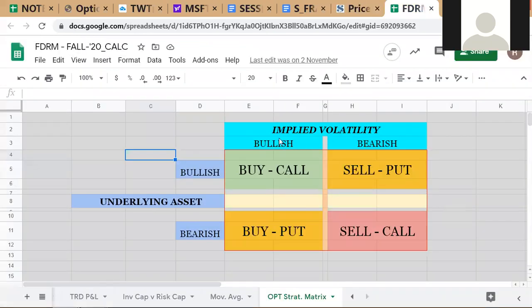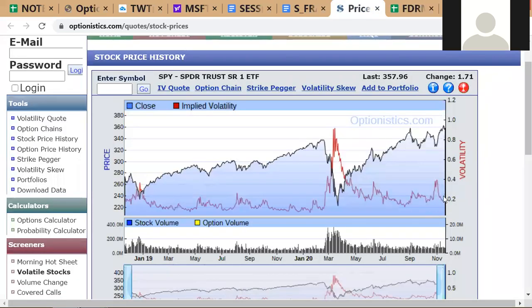If you look at the eyeball chart and you feel this chart is going to go lower, then you have a bearish view on the eyeball chart. This is for the future. And then obviously if the eyeball is going to drop, prices of options in general will drop. So you want to be a seller of options because you see option prices dropping. So that's one of the major drivers of coming out with a short option strategy.